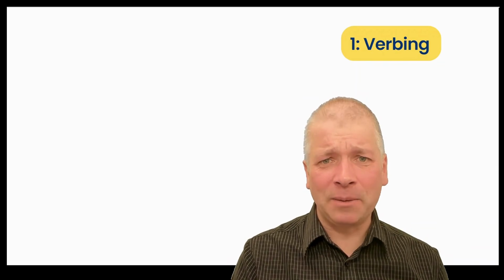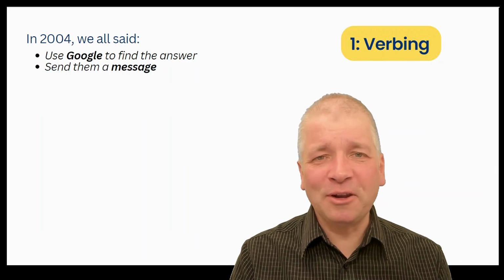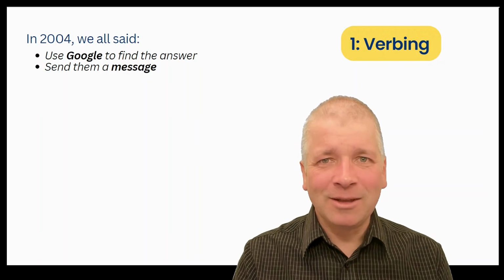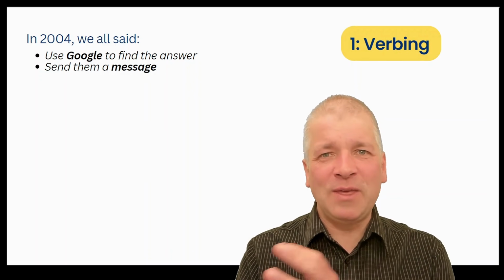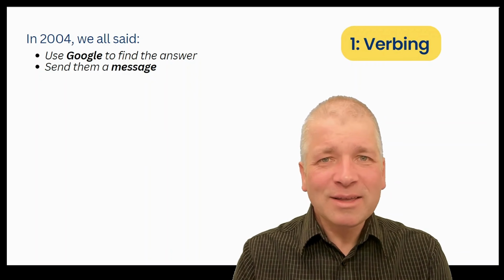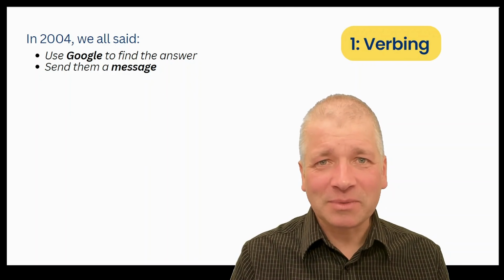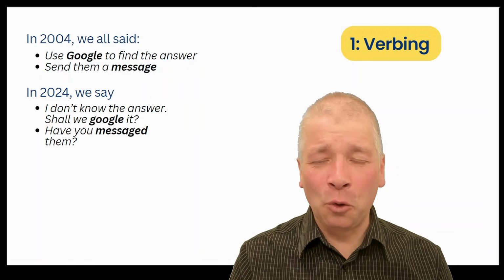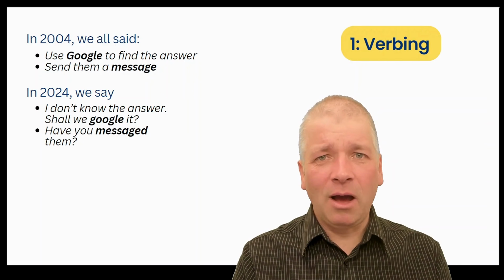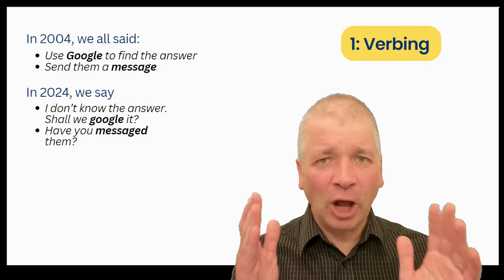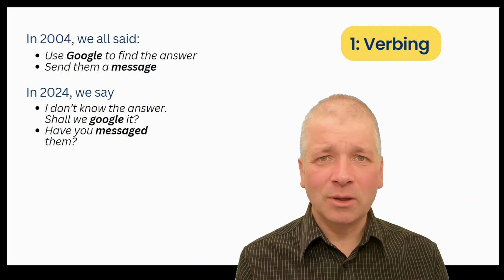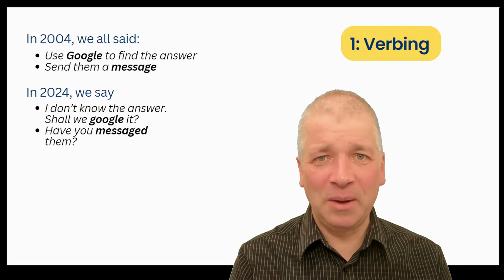Let me explain. In 2004, we all said, use Google to find the answer, or send them a message. But in 2024, we say this, I don't know the answer. Shall we Google it? Or have you messaged them?